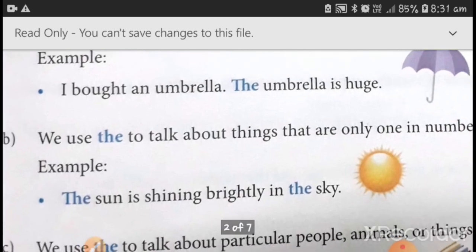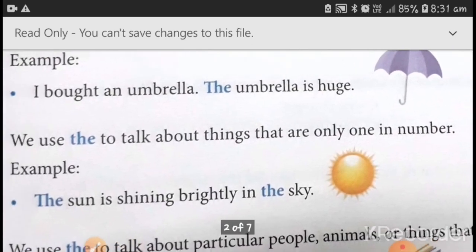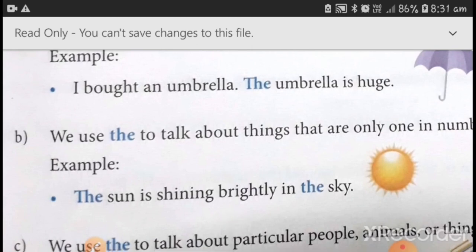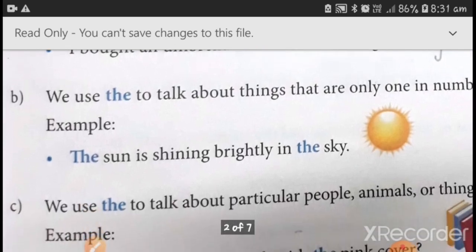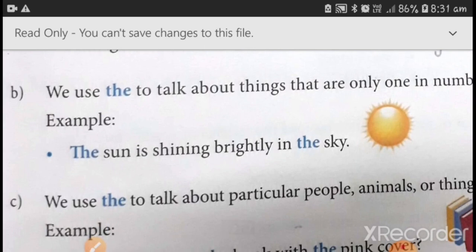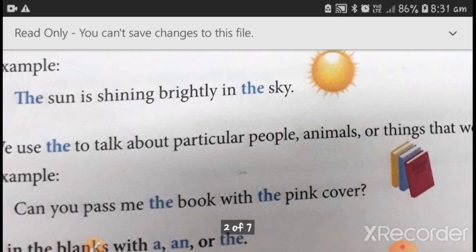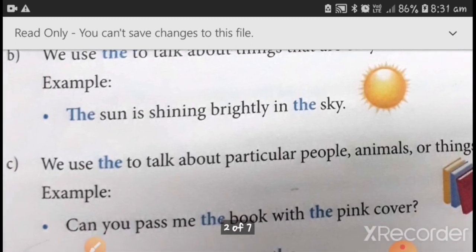Now, here is how we have to use the. We use the to talk about things that are only one of their kind. This also we have seen: the moon, the sun. We have seen many examples. The sun is shining brightly in the sky. Now what is the next use? We use the to talk about particular people, animals or things that we know about.